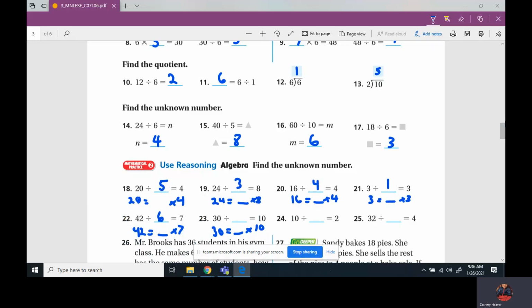Look at your chart, Cortland. This 5s, 10s, 2s, you guys should get really quick. Good. 10 times what makes 30? 3. McKenna, 10 divided by what equals 2? We're going to say 2 times what equals 10?